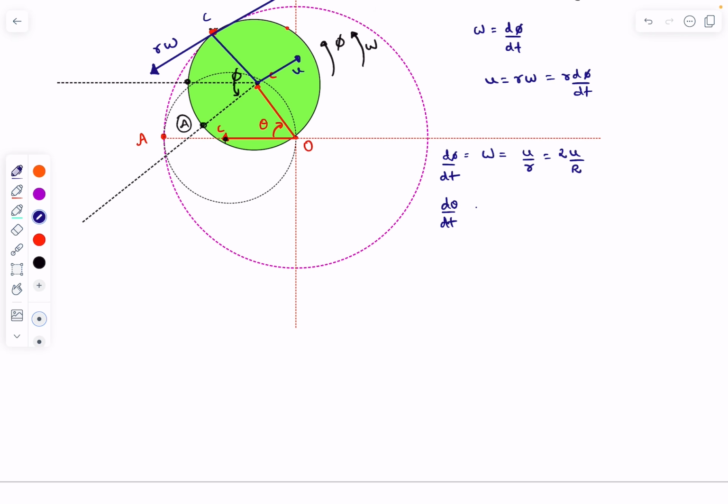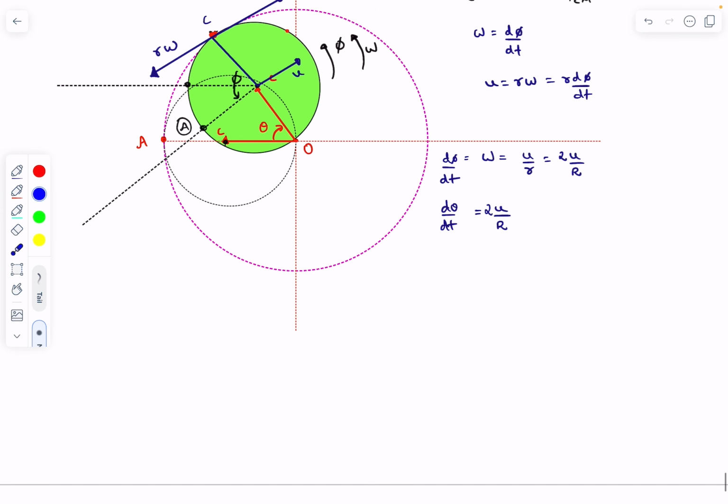So d theta by dt will be u divided by, again, the same distance r by 2. So even this will be 2u by r, but vectorially they're opposite in direction. Omega is counterclockwise, whereas d theta by dt is clockwise, but magnitude-wise they are the same.